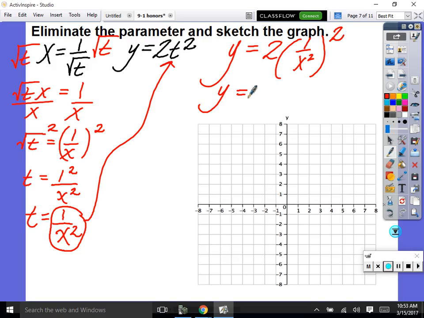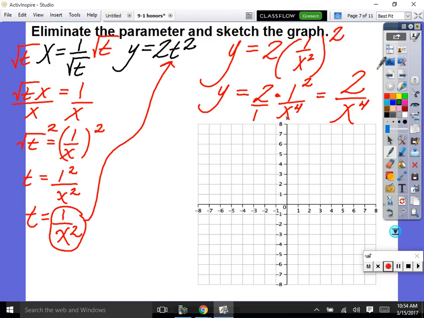So we have y is equal to 2 times, technically we have to square both of those, so 1 squared over x squared squared. Raise a power to a power and you multiply. So we're dealing with graphing 2 over x to the 4th. Yeah, we can multiply fractions straight across. So now graphing that, you're going to have to remember how graphing of rationals works.